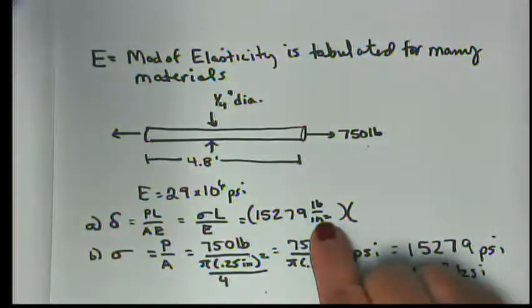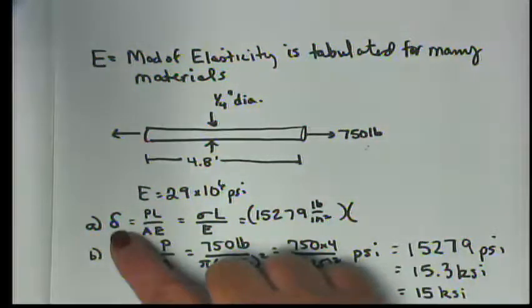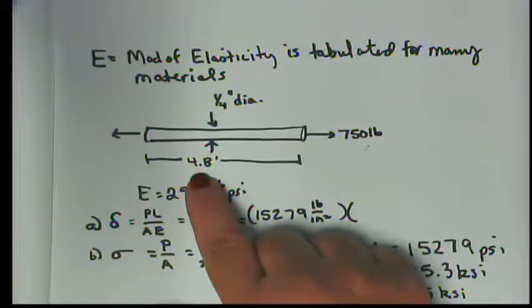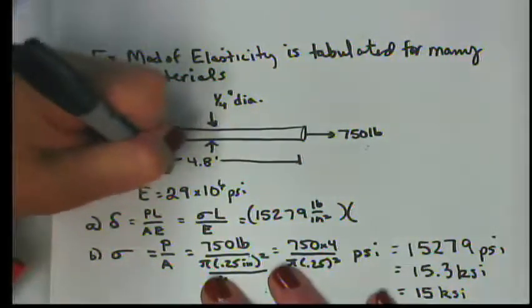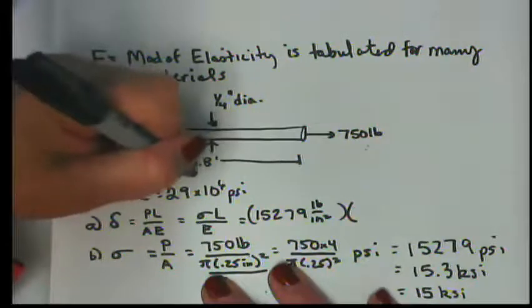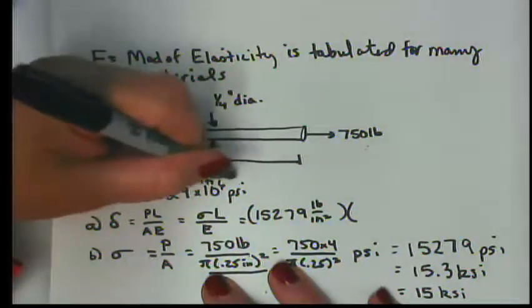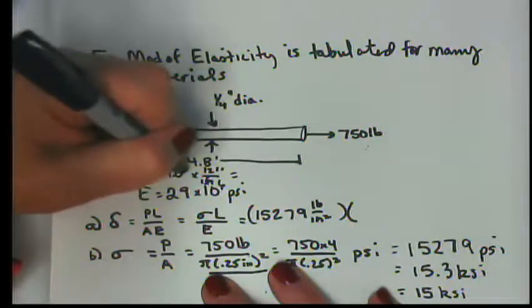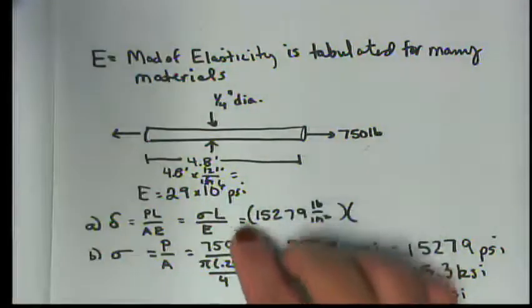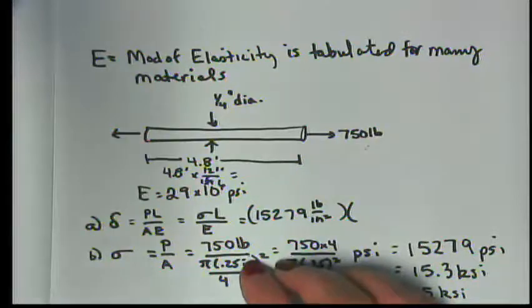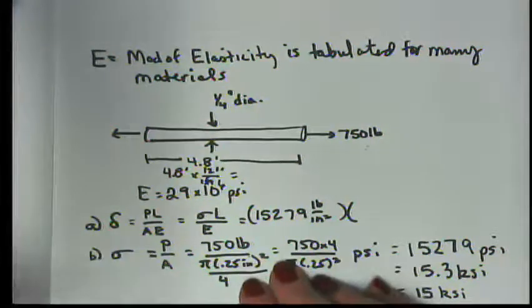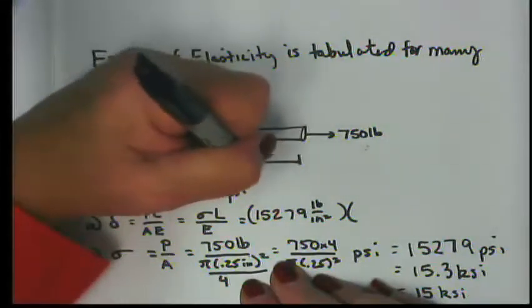Since this is going to be in inches, I would really like to convert this into inches, because otherwise I'm going to have a unit conversion at the end. So if I have 4.8 feet multiplied by 12 inches per 1 foot, feet cancel out, so I just take 4.8, multiply it by 12, and I get 57.6 inches.